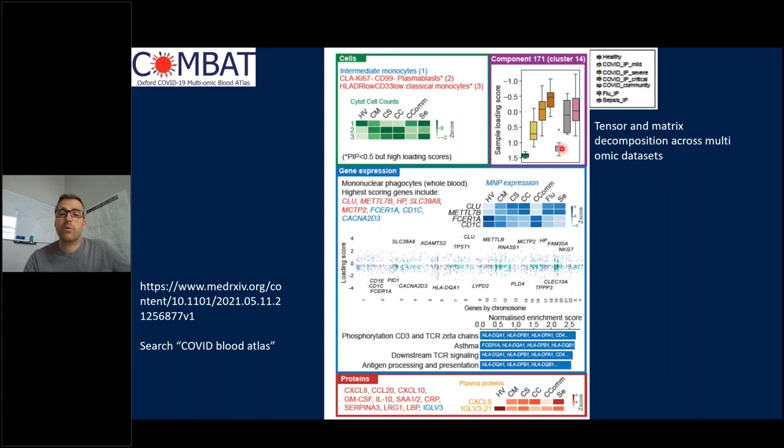This profile is being used to cluster the data, and we can see that certain monocyte populations cluster with this. We have a CyTOF analysis, or proteins that cluster with this type of profile. We can look at gene expression profiles and find some that will cluster with this profile, and so on, and ultimately also some of our proteins that cluster with this.